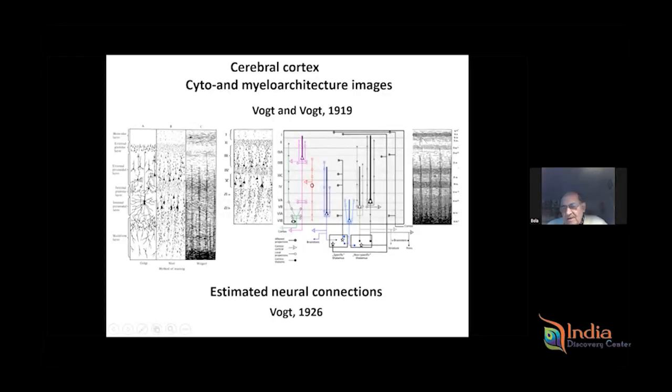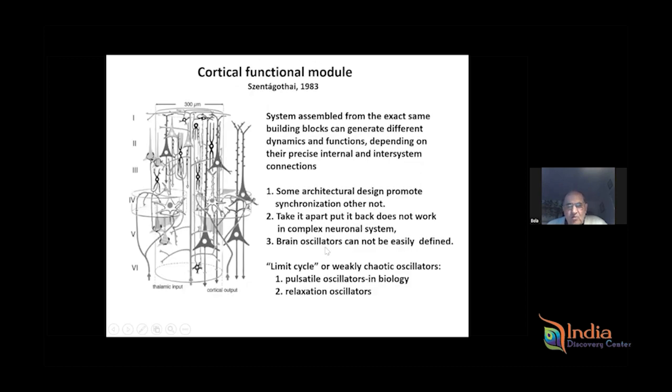But in this picture we see that in both the vertical and horizontal directions there are very many fibers. So the connection is incredibly dense in the cerebral cortex.